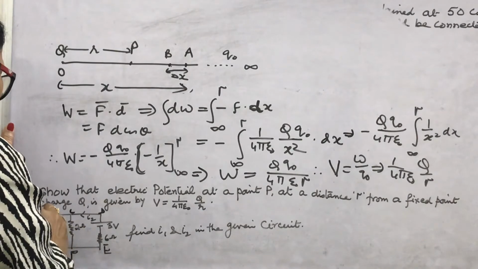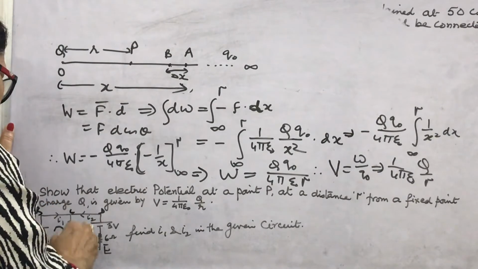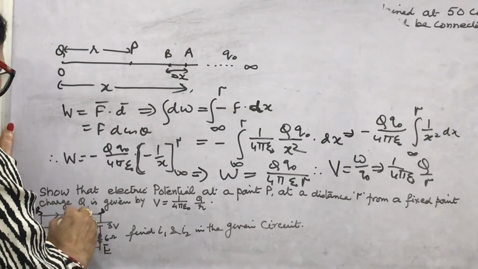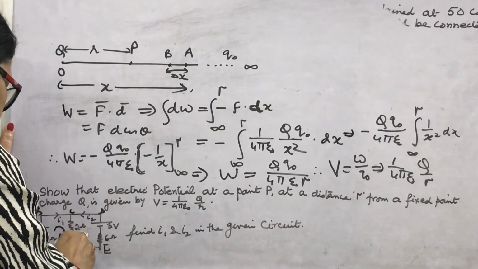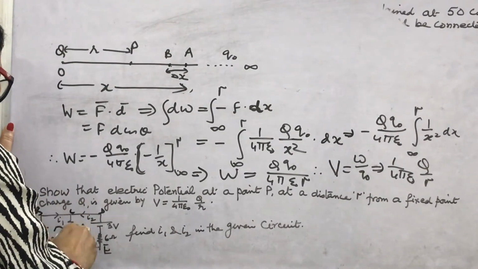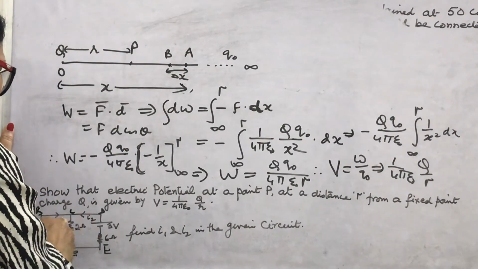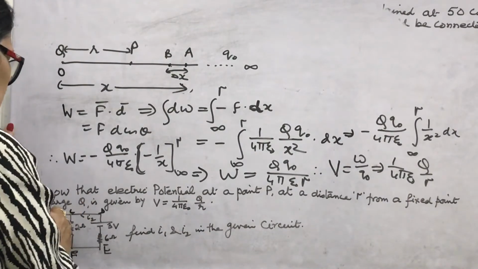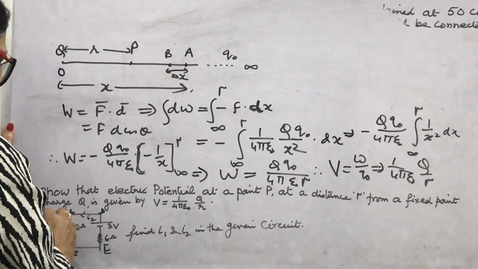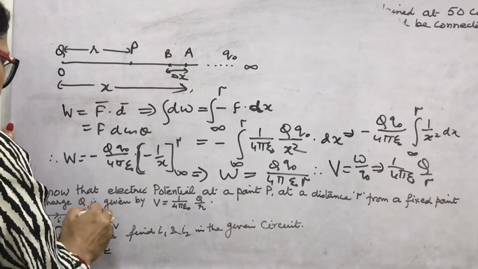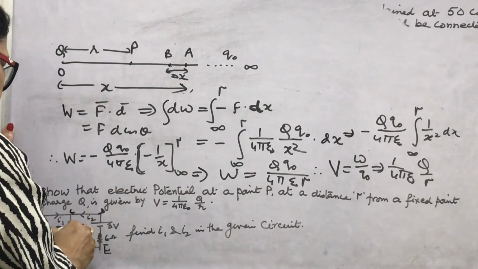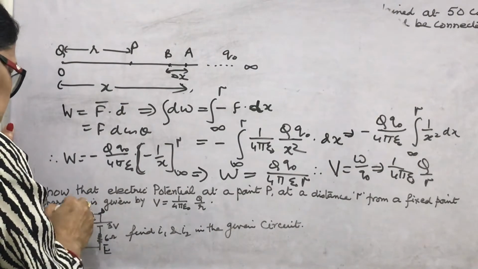Look, then in the closed loop A, B, C, F, A, how will you write the expression using Kirchhoff's rule? Look here, there is no resistance. Here I1 and from here I2 is coming. So what will you write for this section?